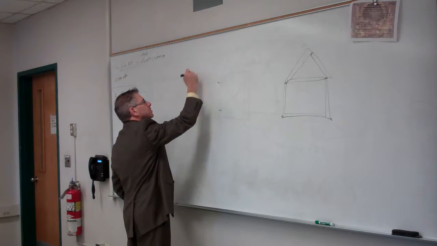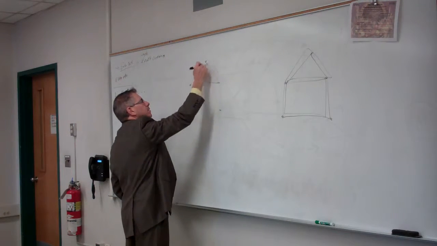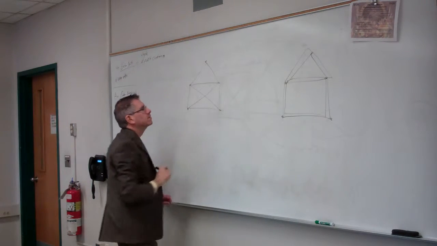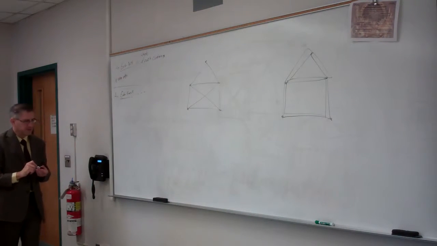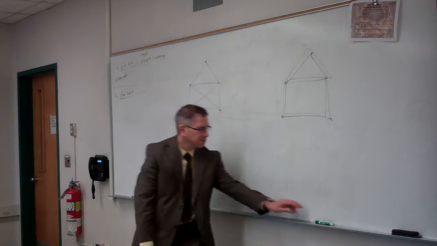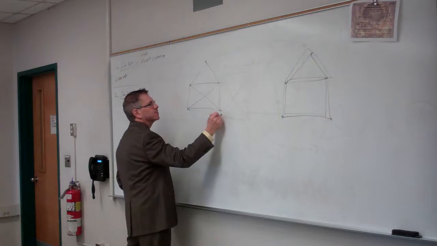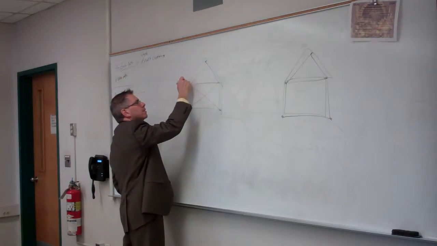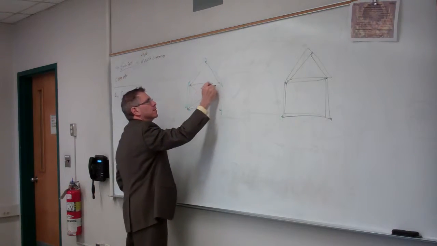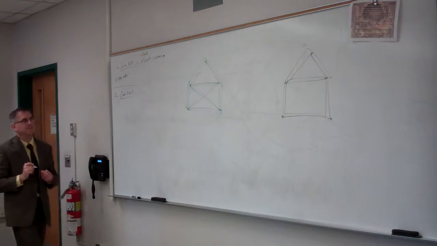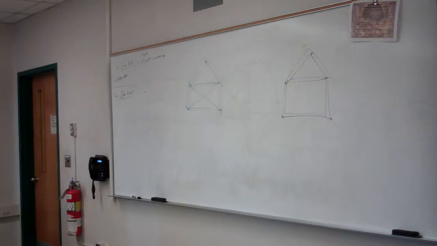So here's a more classic graph. And this one we can find an Euler path as well. We can begin here and go like that. So that has a path, but it does not have a circuit.